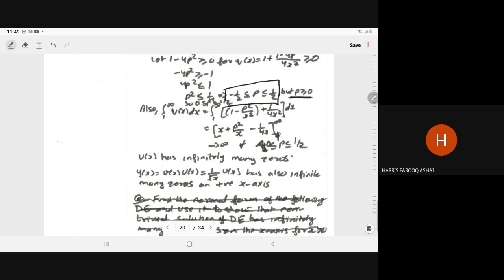But p is always positive, so p lies between 0 to half.